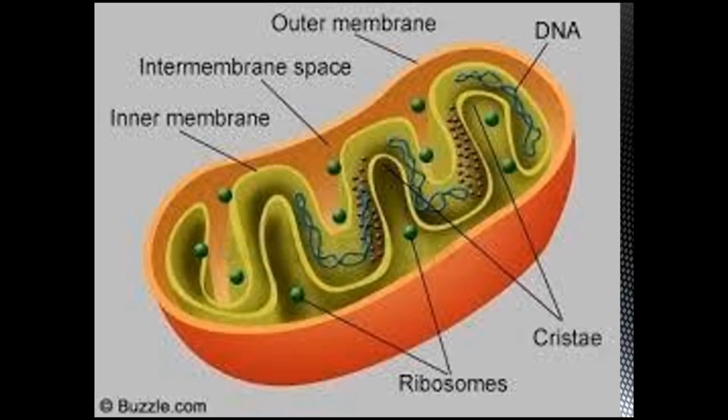Okay children, next one, oxysomes. Oxysomes are not given here, but they are also in the mitochondria. The inner mitochondrial membrane bears minute, regularly spaced, tennis racket shaped particles known as oxysomes.